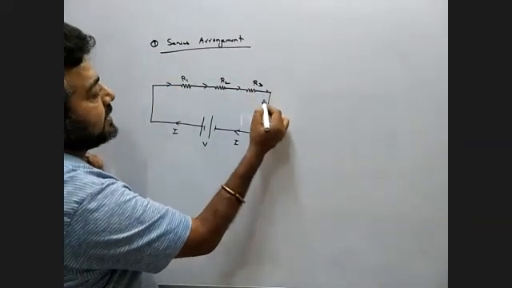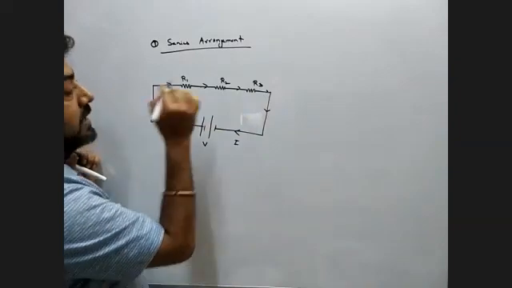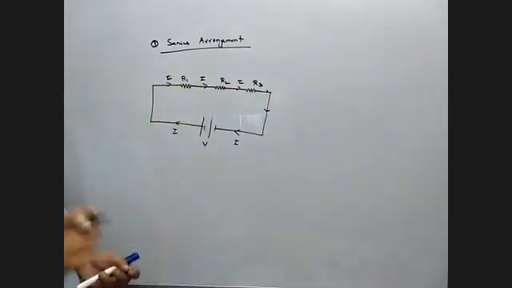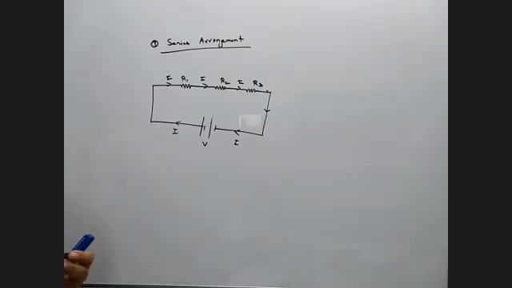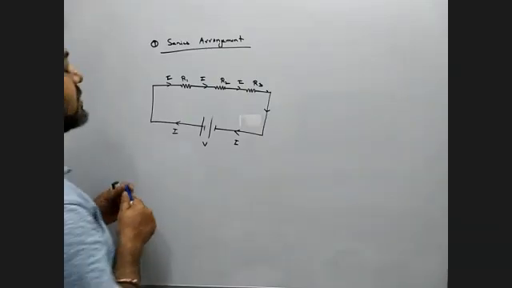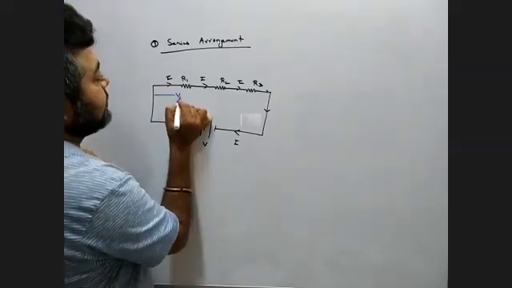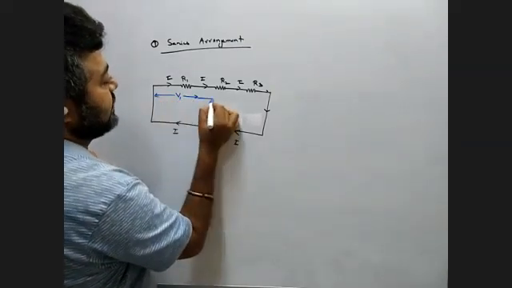And one more thing, how do you identify it's a series connection? The same current flows through all the resistors. Now in series connection, what happens? The total voltage V is the sum of the voltages across the individual resistors.